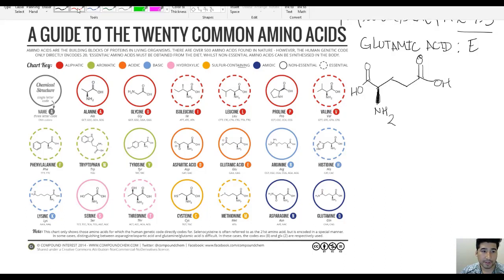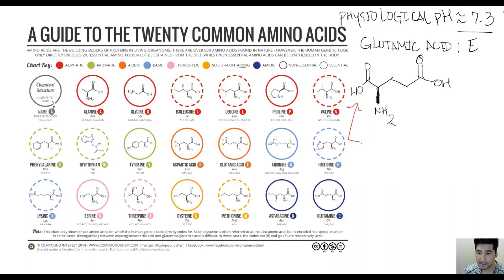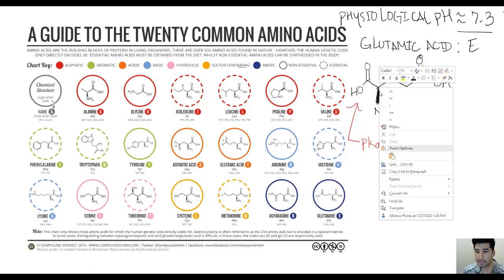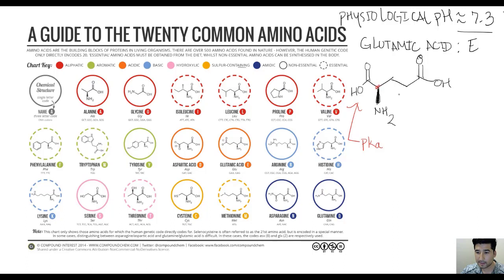So the first thing we need to understand is the pKa of the carboxylic acid group that is connected directly to the alpha carbon. So this is the alpha carbon. This carboxylic group that's directly connected to the alpha carbon has a pKa of about 2.9.